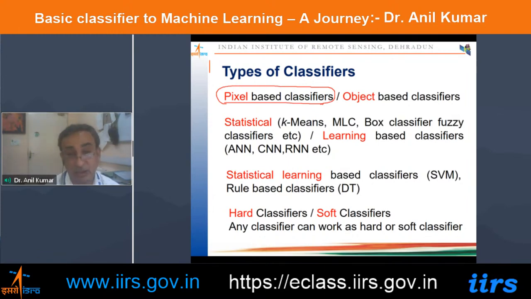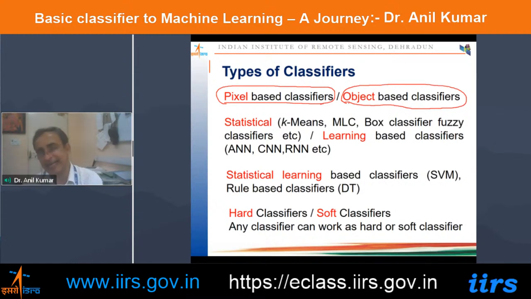We can take shape, texture, size, hierarchy, association, through segmentation, and so forth. When there is more than one parameter we are using from the image, it is called object-based classification. The commercial tool for object-based classification, a very dedicated tool developed in 1999, was eCognition software, and nowadays there are so many tools available. In ADAS also you have an object-based tool available.